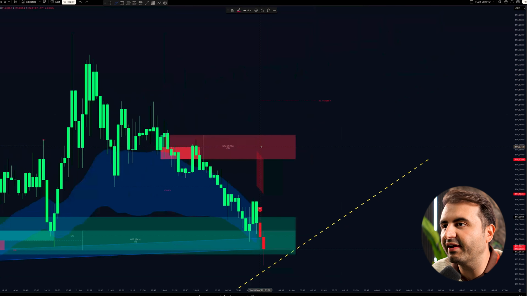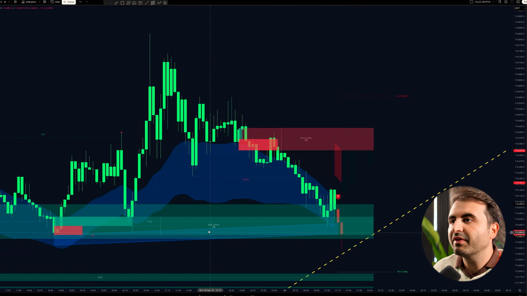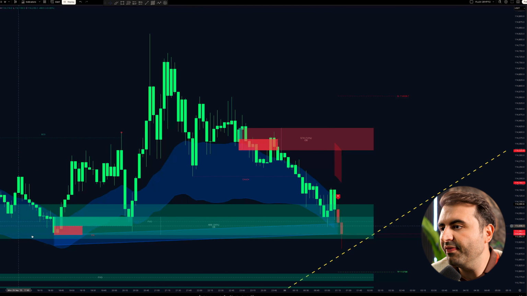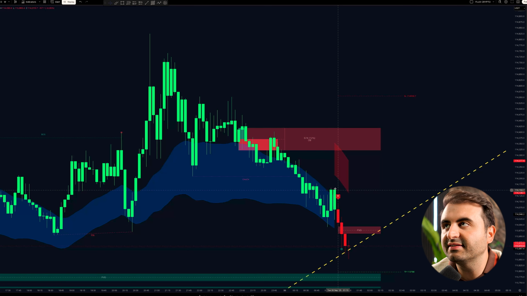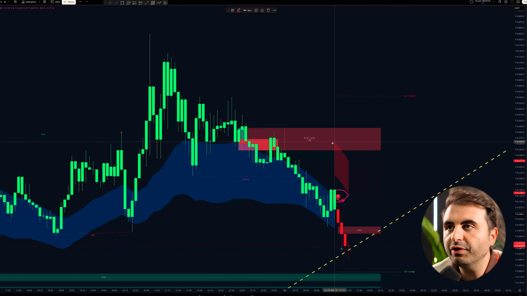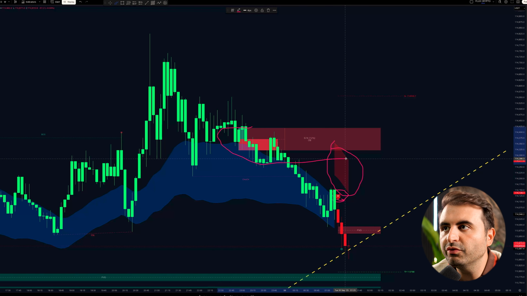So let's zoom in here again, and we can see that we got the order block here. And now I will continue to roll the market. We got the sell signal here, right? So this is our first confirmation. Our second confirmation will be this cloud over here, and we can see that we got the bearish order block.